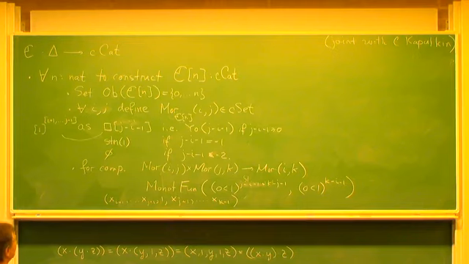Now the next problem we have is to construct, for all phi from m to n in Delta, let me denote it phi star just for notational convenience, from Cm to Cn.